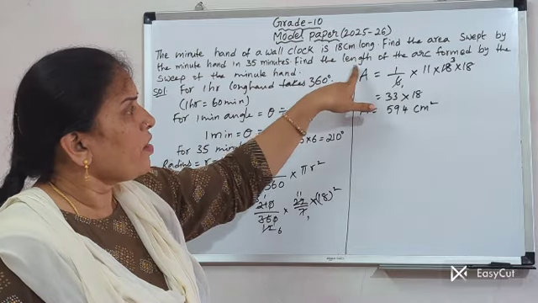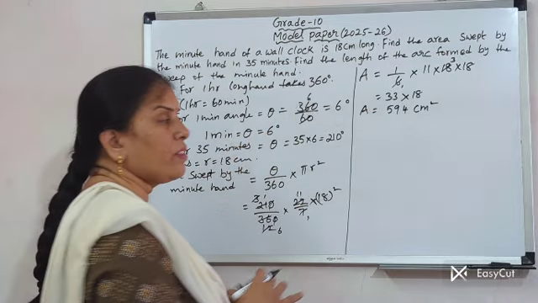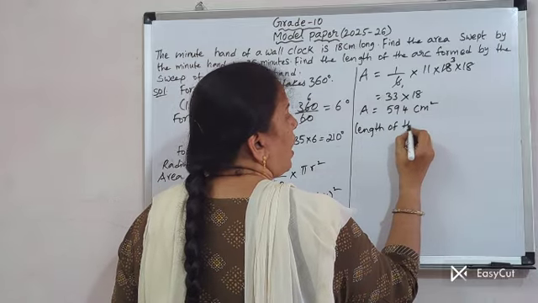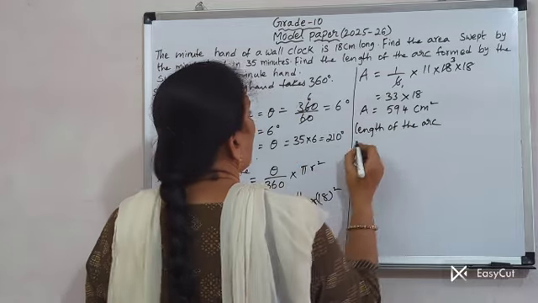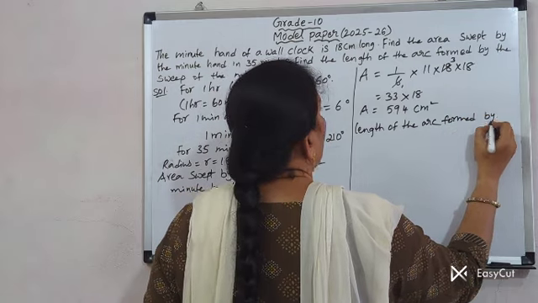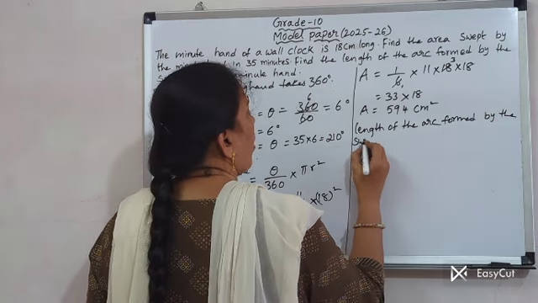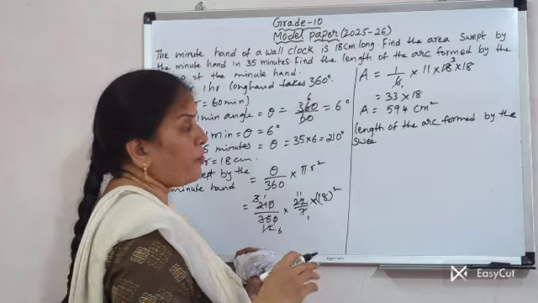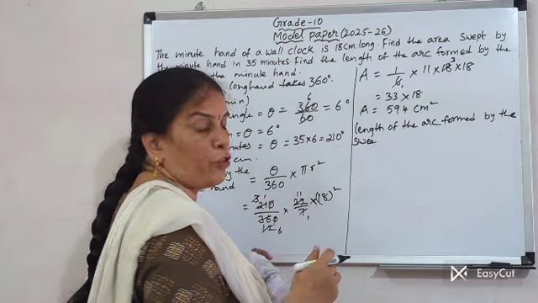Now, we will find out the length of the arc. Length of the arc formed by the sweep of the minute hand. Sweep is nothing but swept, past tense, present tense, future tense.